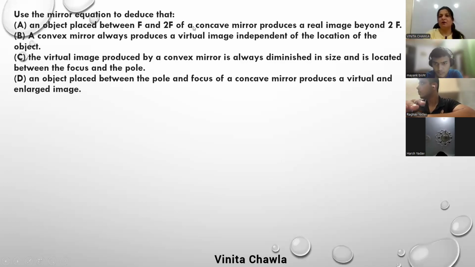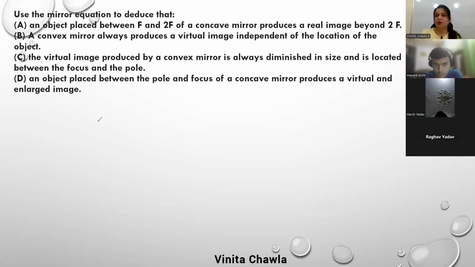Now we have the second part of the question. In the second part, we are given a convex mirror. So please draw a convex mirror first. Draw the principal axis.